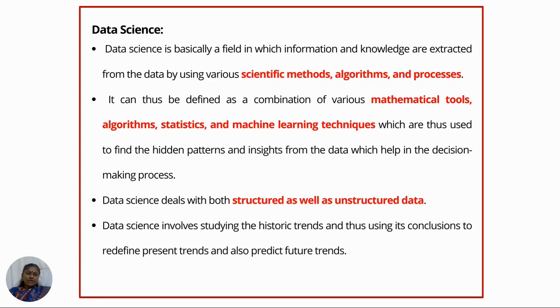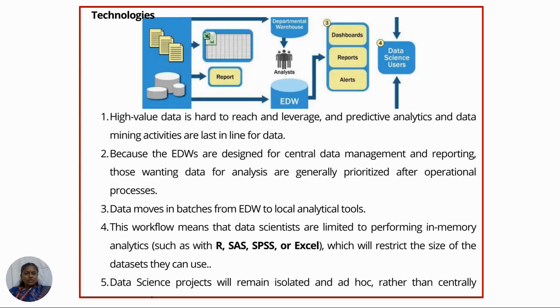They are used for finding hidden patterns in order to support the decision-making process. So data science deals with both structured as well as unstructured data. With the unstructured data, sometimes we need to provide historic trends and conclusions, redefine the present, and predict future patterns and trends. For that we go for data science.